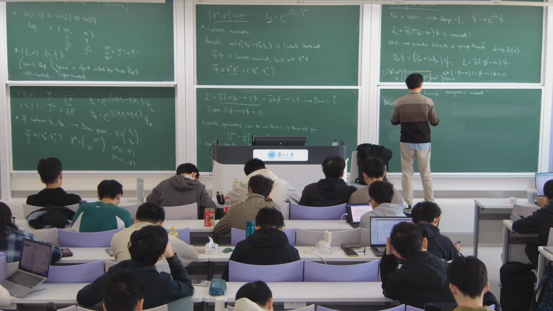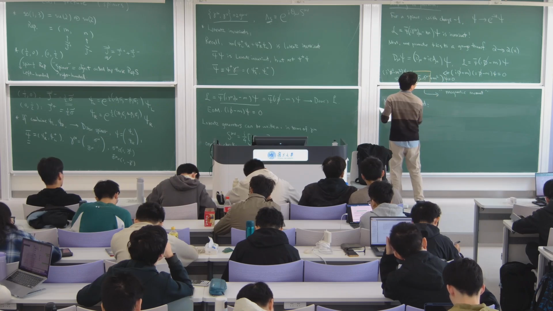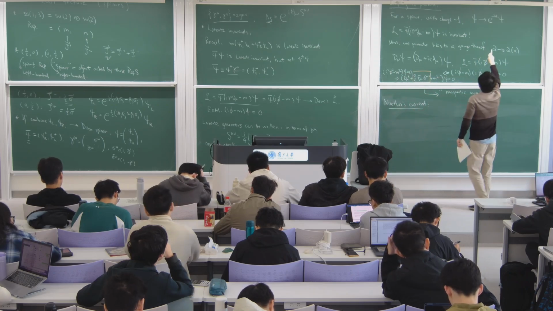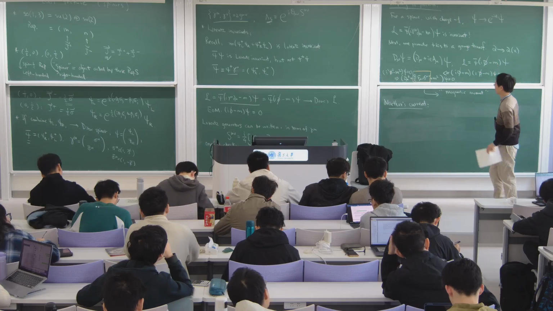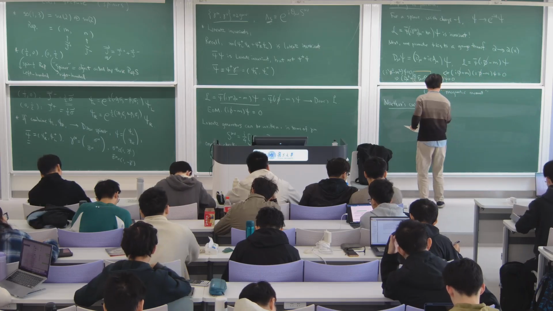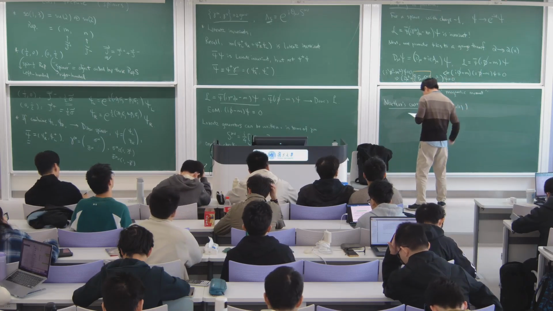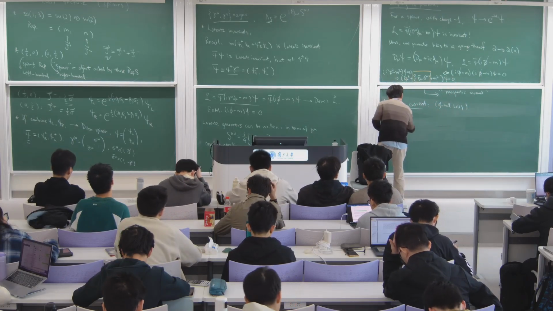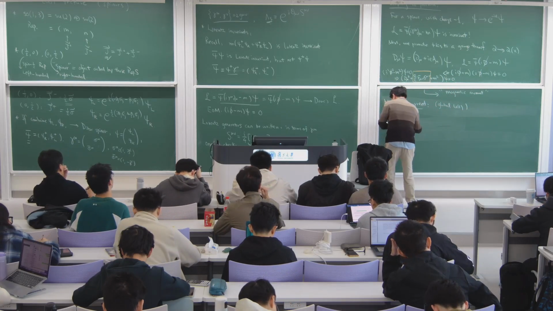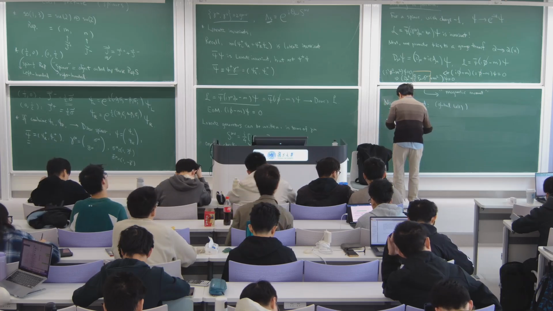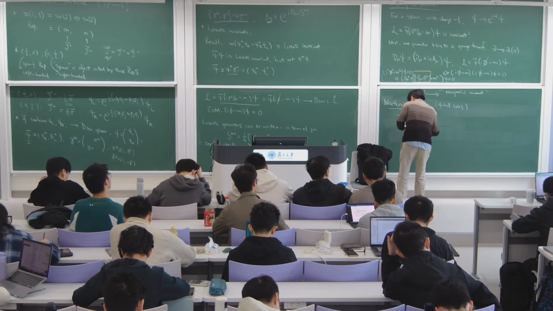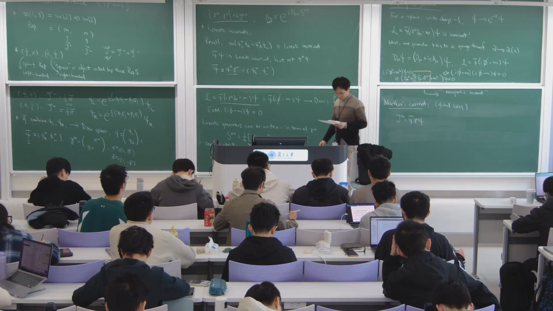The current for this one really only needs a global symmetry, that global U(1) symmetry. So in this case, you can check that the current is simply psi bar gamma mu psi.